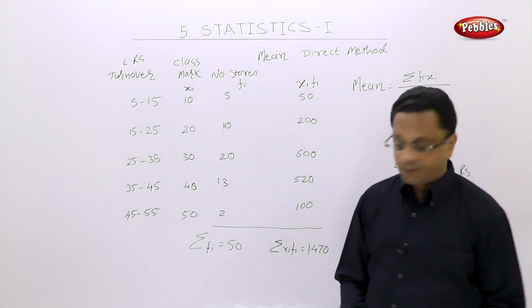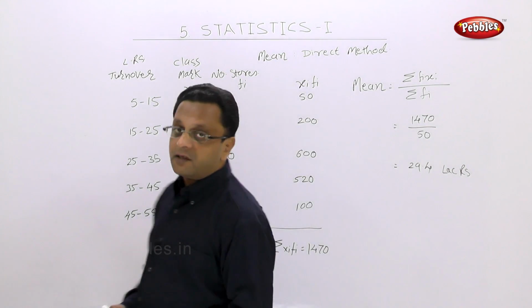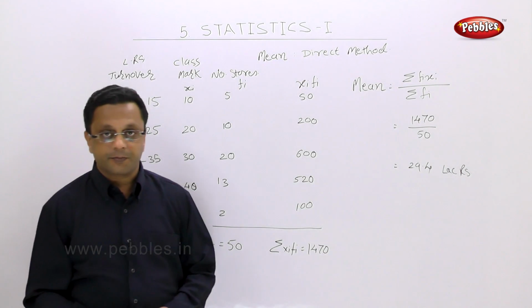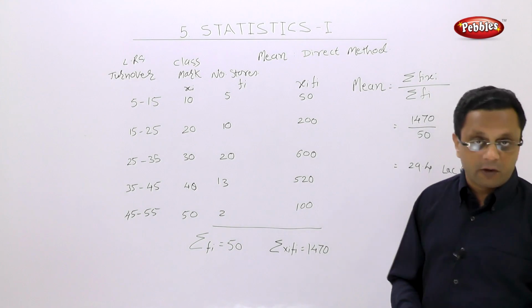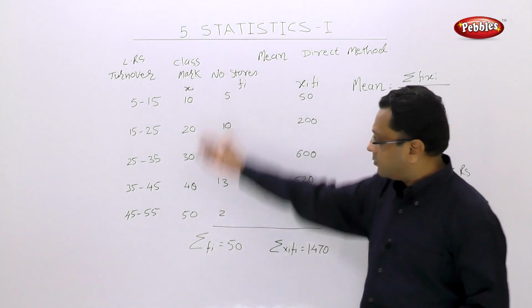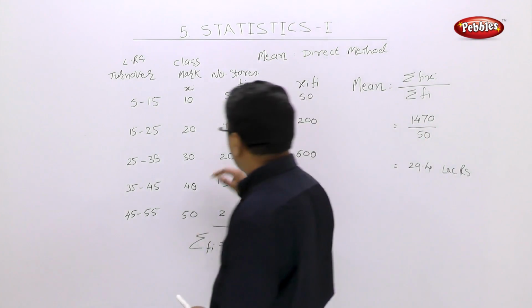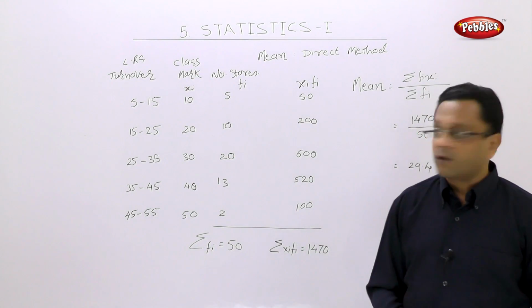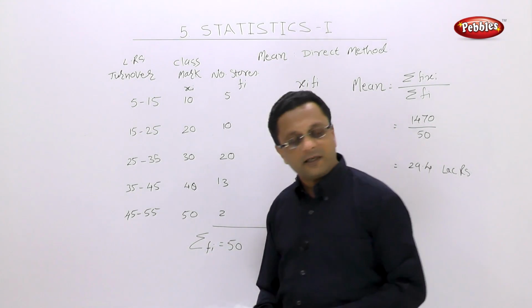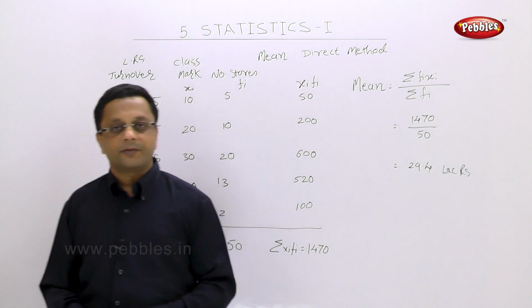What have they asked? Find the mean turnover of a store. So the mean turnover of a store is 29.4 lakh rupees. This will come somewhere in this range, right? Nearby the center, not exactly the center, right?